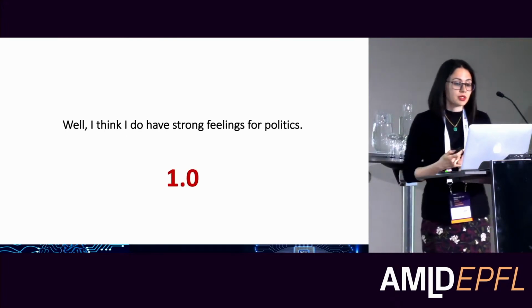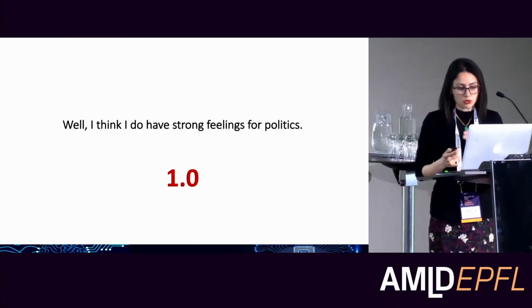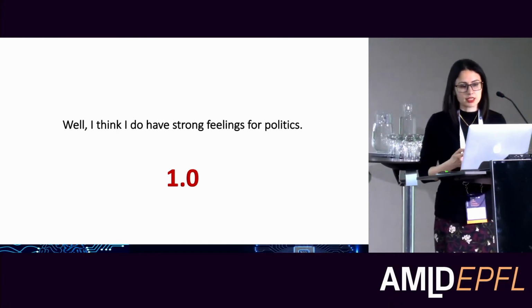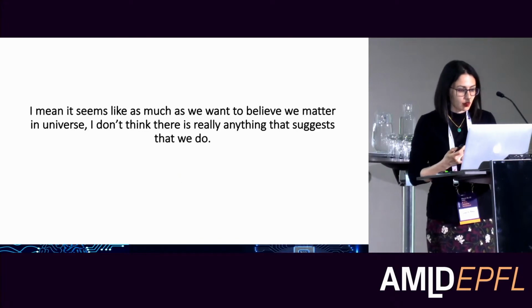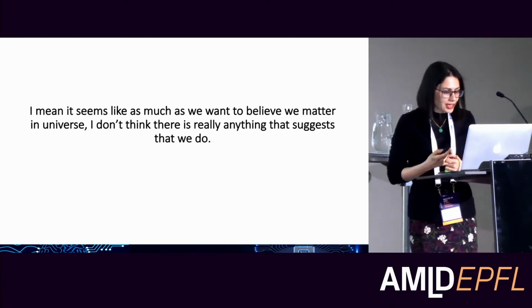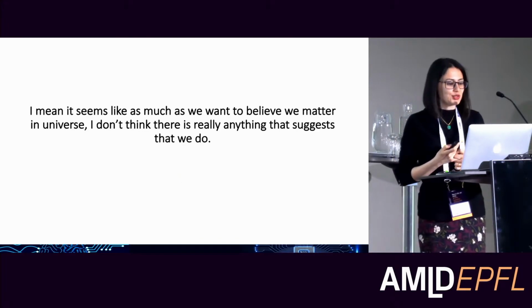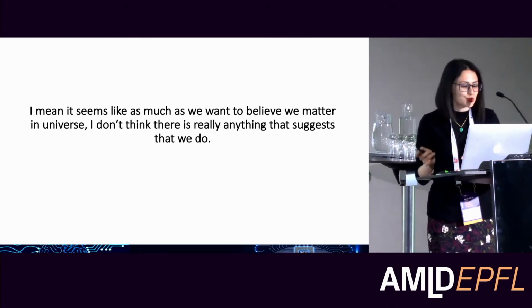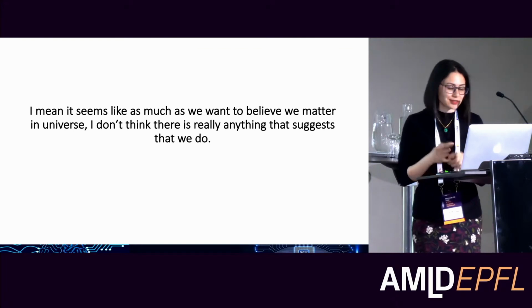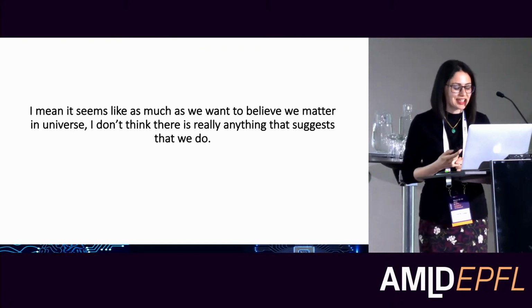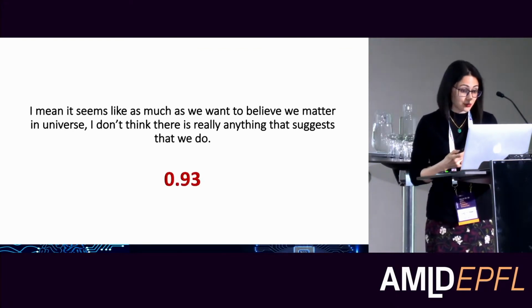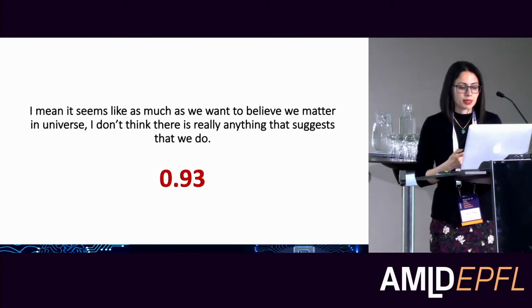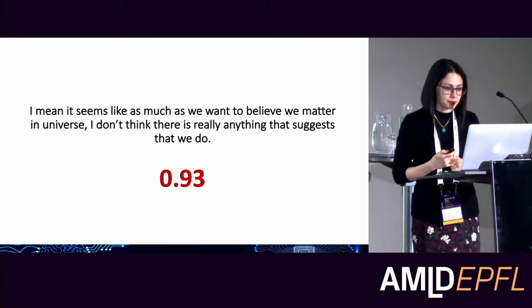For this one, we got the max, since it varies from 0 to 1, and we got a semantic density of 1. "I mean, it seems like as much as we want to believe we matter in the universe, I don't think there is really anything that suggests that we do." This one was from an adolescent, a very philosophically minded individual. For this sentence, we got a semantic density score of 0.93.